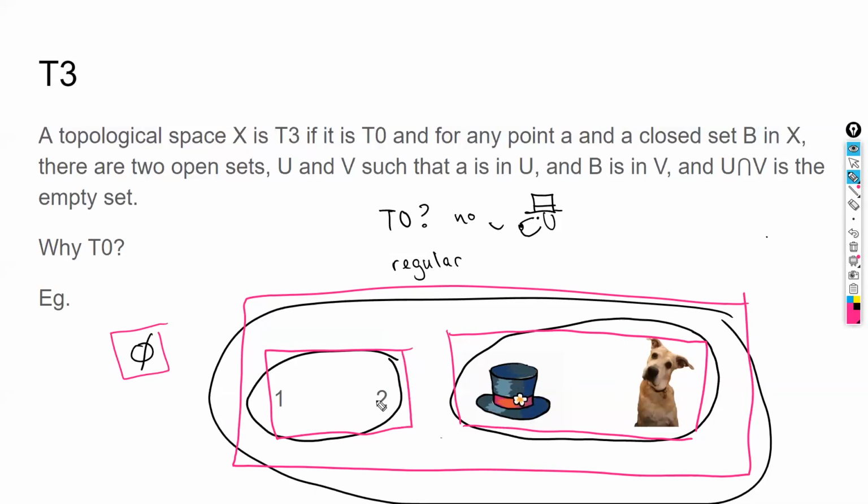Dog and 1, 2 are separated by the same argument, and we can flip this around. If I pick the point 1, for example, the closed set hat, dog is contained in the open set hat, dog, and 1 is contained in the open set 1, 2. So I can separate closed sets from points. So this set is regular.